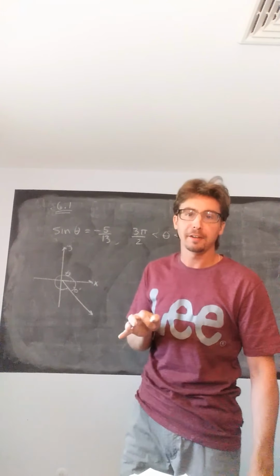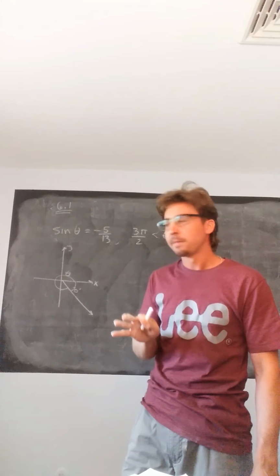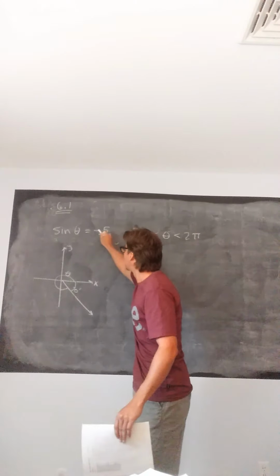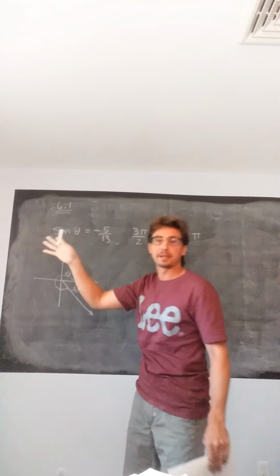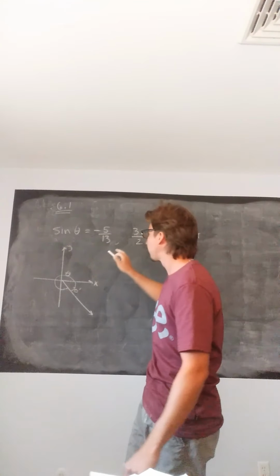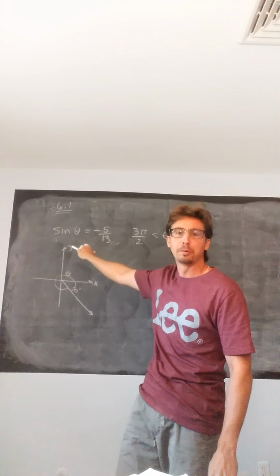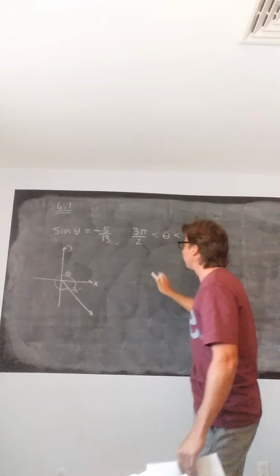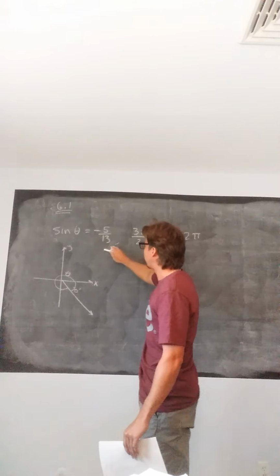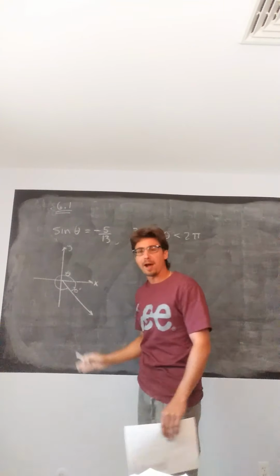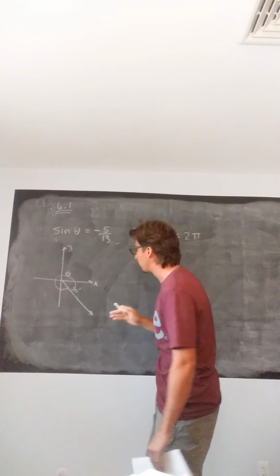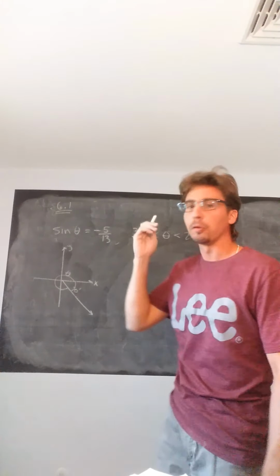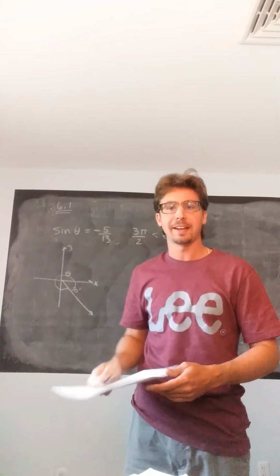I like to look at it in terms of absolute values because you have a negative here, but when you square that, it's going to become positive, right? And oftentimes if we try to fool around with the signs too early in this game, we get confused. So I'm going to treat this problem like an absolute value, and we're going to look at just the positive sides of the triangle. We're not going to worry about negative. We'll let our brains figure out what the sign has to be.